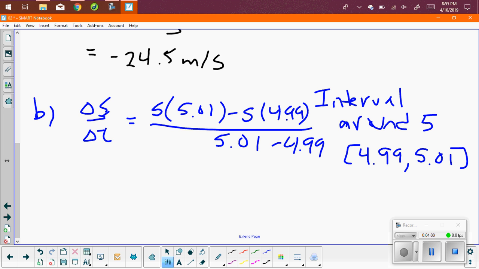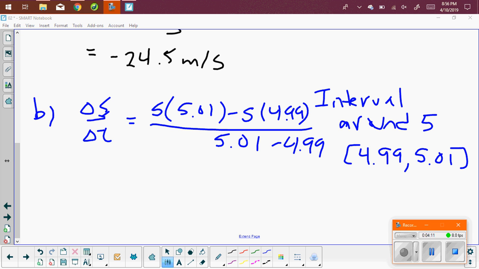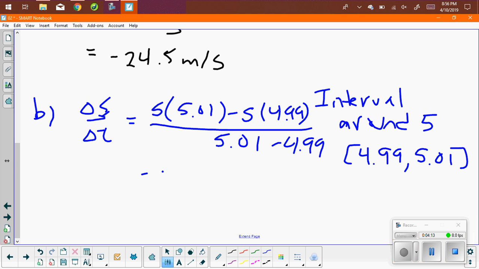So we just do a really, really tiny interval around that and say that's probably going to be pretty close to the tangent line. In this case, if we run that through, we get negative 49 meters per second.